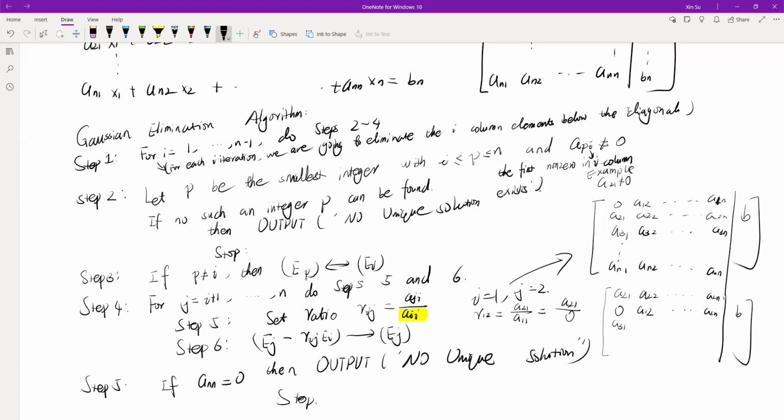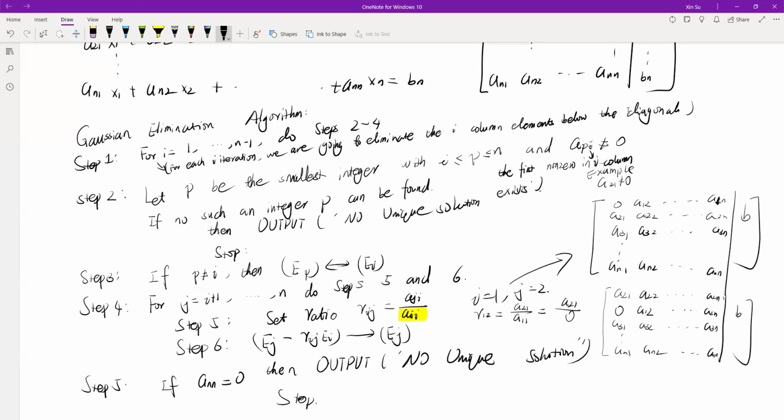Now we make the first row, and below it A2N, A31, A32, A3N, AN1, AN2, ANN. So if you do the row exchange here, exchanging row 1 and row 2, then you can use this first row to eliminate all these elements to be 0.